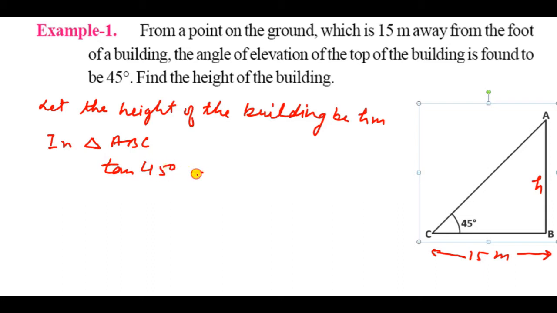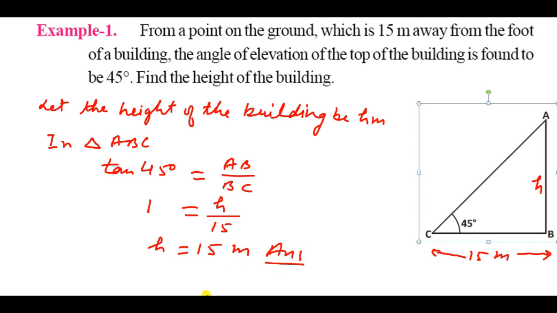It is AB upon BC. As you know, the value of tan 45 is 1, and AB is H, and BC is 15. So cross multiply, and we get H is equal to 15 meter. So that is your answer.